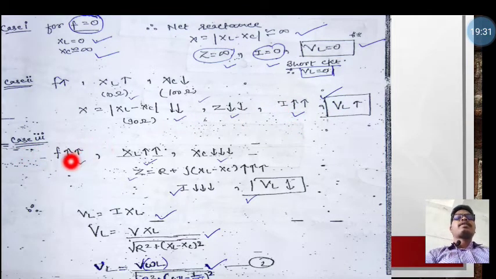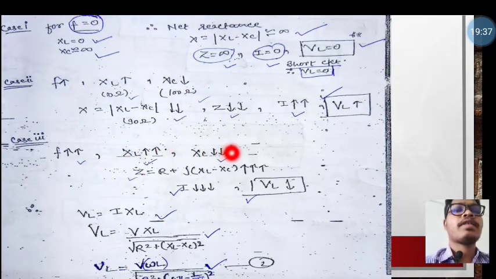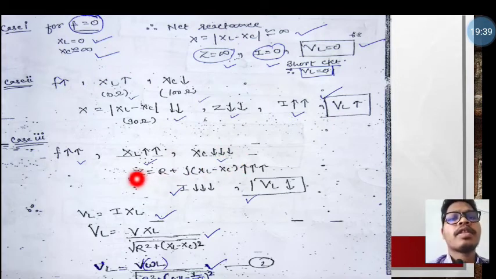Take case number 3, that is frequency will be increased more and more, then XL will increase and XC will decrease. So Z is equal to, as we already know, R plus j(XL minus XC). So if XC decreases very much and XL increases, then XL is greater than XC, so XL minus XC increases. So total Z will increase, so I will decrease.